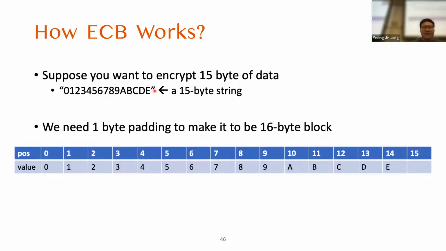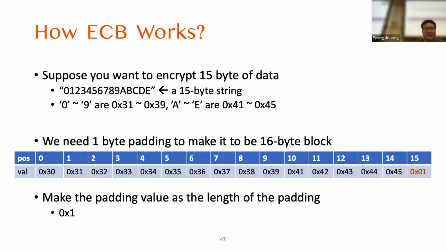If we want to encrypt this data, from position 0 we have 0, 1, and so on up to 9, and at position 14 we have E. Position 15 is the 16th byte because we started from 0. At that position we add the padding. The padding is just 1 byte, so we add 01, the number 1, as the padding.